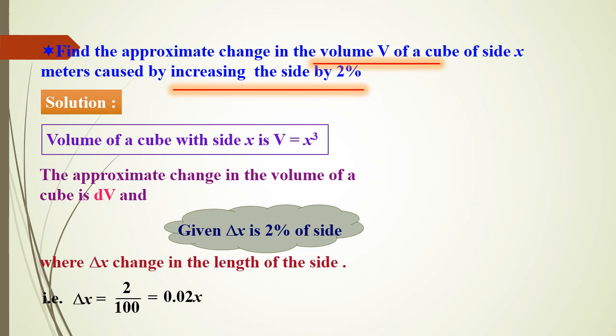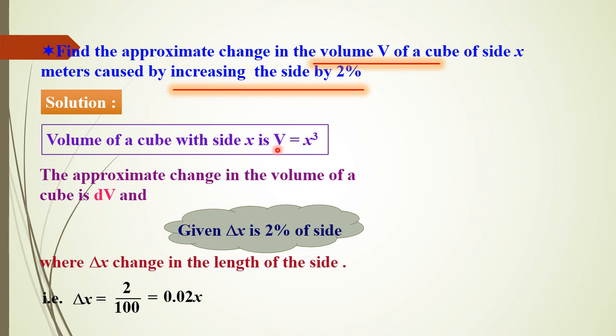Now find the approximate change in the volume of a cube of side x meters when the side is increasing by 2%. We have already solved a similar problem with 1%. The volume of a cube formula is V equal to x cube. V is the volume of the cube, x is the side of the cube.